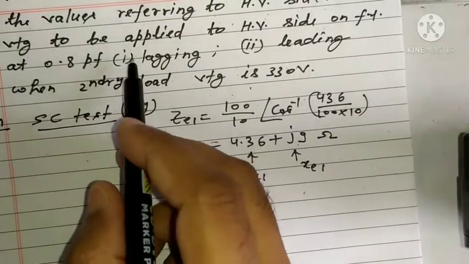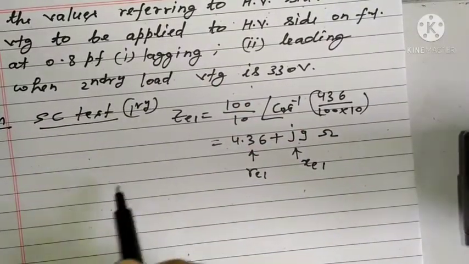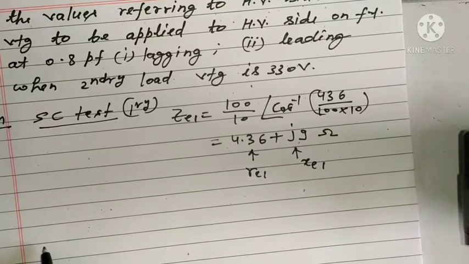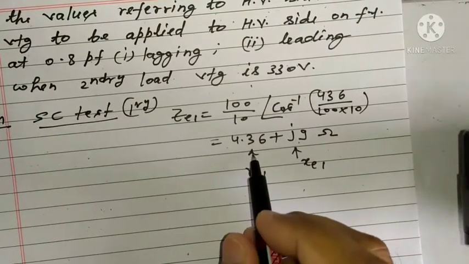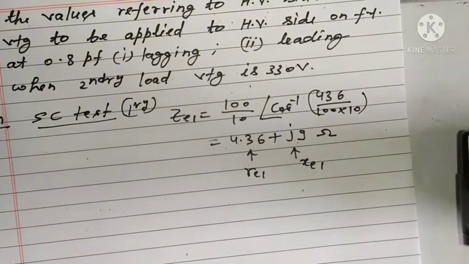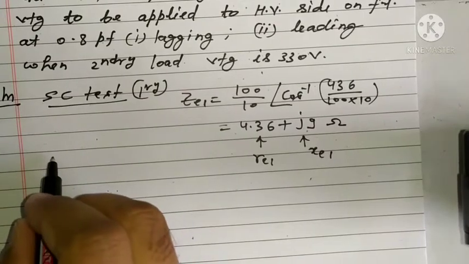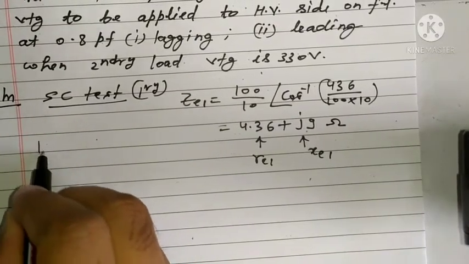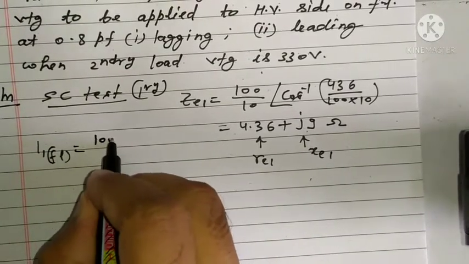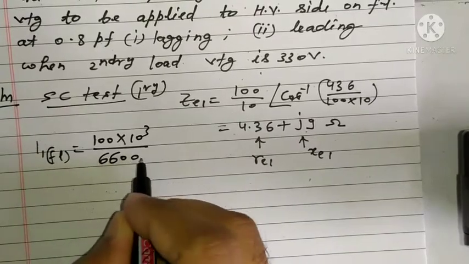Now they are asking the voltage to be applied to HV side, that is primary side voltage, at two different power factors, right? So if I find the drop, I know the circuit parameters, then we can find the applied voltage also. For finding the drop we must know the current. So let us find full load current on primary and secondary. So I1 full load will be, it is a 100 kVA transformer, so 100 into 10 power 3 by 6600.